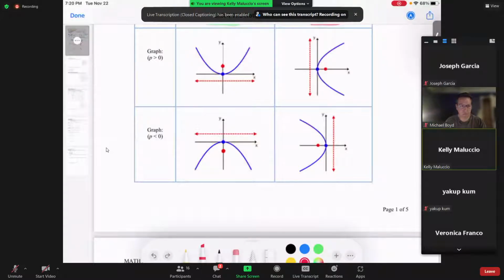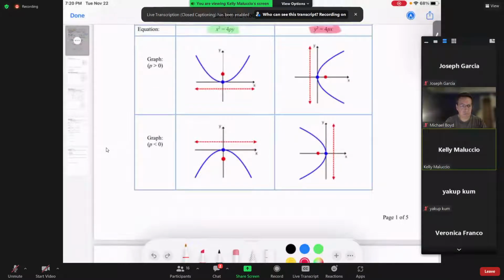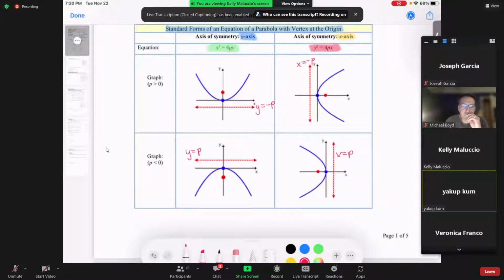That's what this means, right? Okay. And you can notice here that this equation is y equals negative p. This equation is x equals negative p. This equation is y equals p. And x equals p. The p is just a value, but it's basically the coefficient of x or y divided by 4.